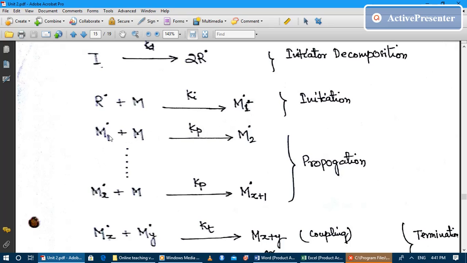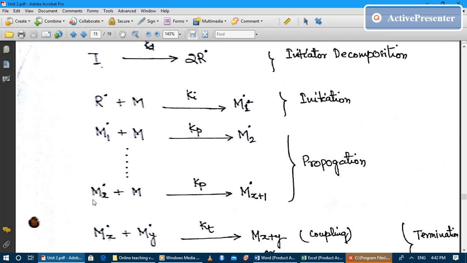Then M1 dot is going to react with another monomer M, and likewise this species M2 dot will again react with another monomer, and it will form M3 dot, and M3 will react with another monomer to form M4 dot.